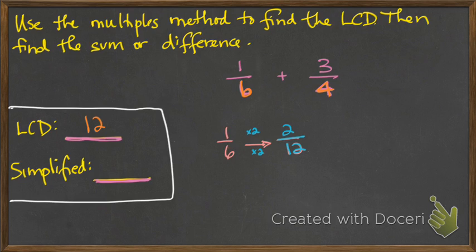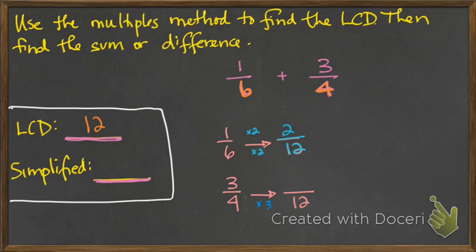Now let's do the same for 3 4s. We want to change that so that the denominator is 12. What are we multiplying 4 by to make it 12? 4 times 2 is 8. 4 times 3 is 12. So we're multiplying it by 3.